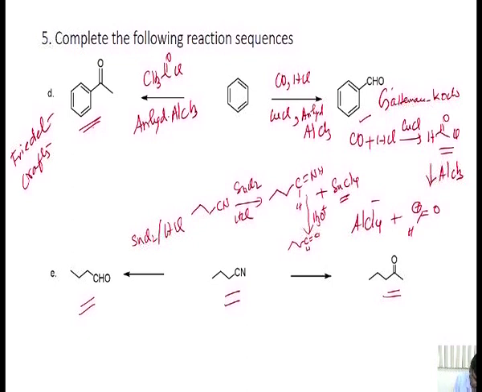This is known as Stephen reaction. So whenever you have the nitrile, that can be reduced to imine. That imine can be hydrolyzed to aldehyde, which is known as Stephen reaction. In place of tin chloride, you can also use diisobutyl aluminum hydride.